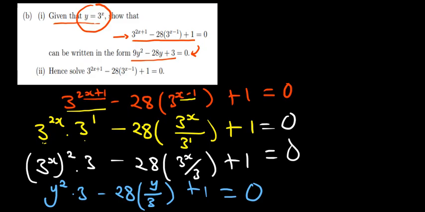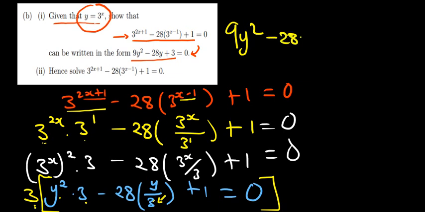From there, we're just going to multiply throughout by 3, so that we get rid of this fraction. If I multiply this whole expression by 3, 3 multiplied by 3 multiplied by y squared gives 9y squared. 3 multiplied by 28y over 3, the 3 and the 3 cancel, so I remain with minus 28y.